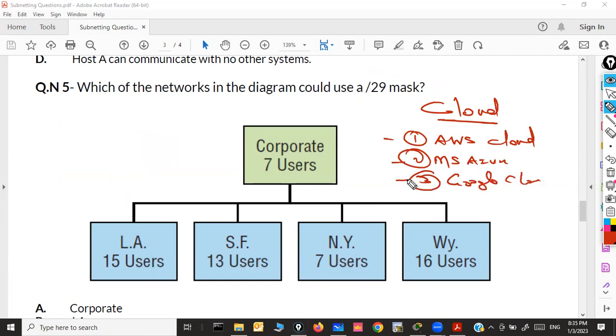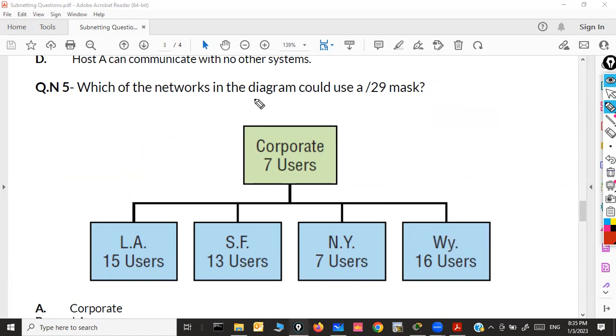They are all leading providers, and there are plenty of other providers as well. In cloud, we use the same concept of network and subnet. We create a network, then in that network we create different subnets, exactly the same way as we have been doing here.